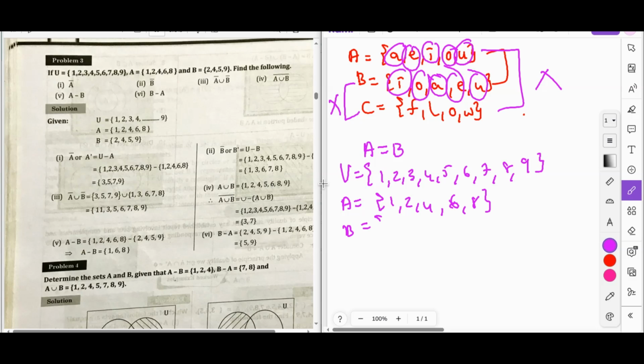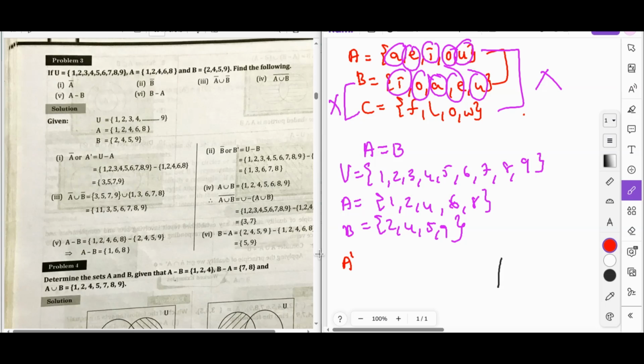B is 2, 4, 5, 9. So what we need to do is find, the first one, A bar. A bar means what?